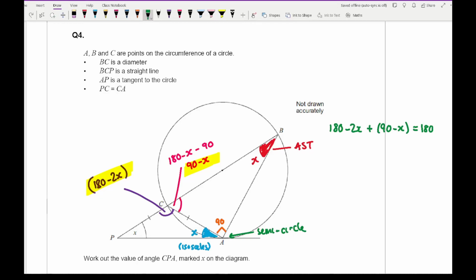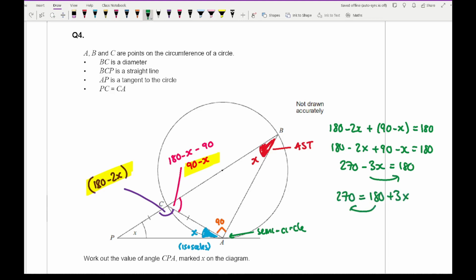Getting rid of the brackets, I get 270 minus 3x equals 180. Then take the 3x over, I get 270 equals 180 plus 3x. Take the 180 over and I end up with 90 equals 3x. So x equals 30 degrees, and there is my final answer.